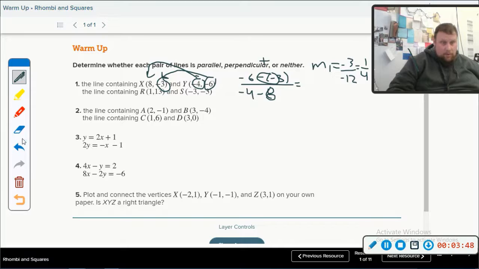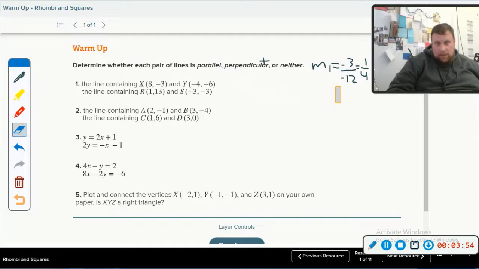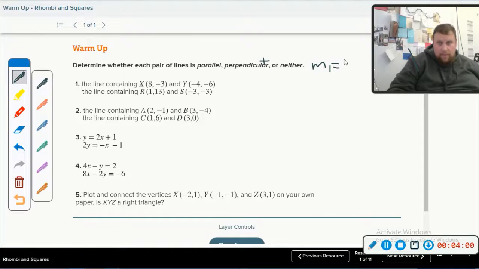Okay, so let me erase what we just did. Pause if you need to. You know, our first slope is going to be 1/4. I'm just going to rewrite it. What do I know my next slope is going to be? Let me do it in red.